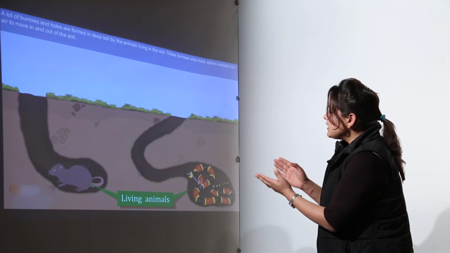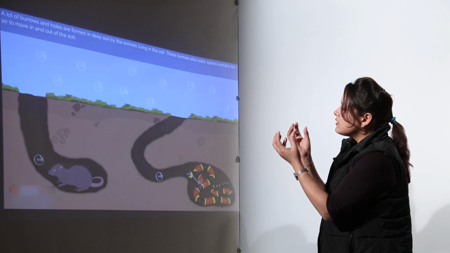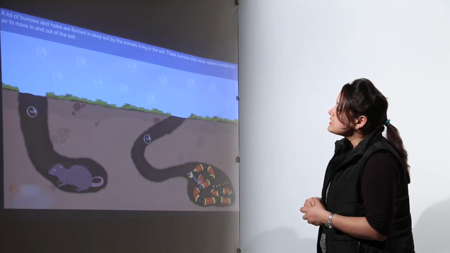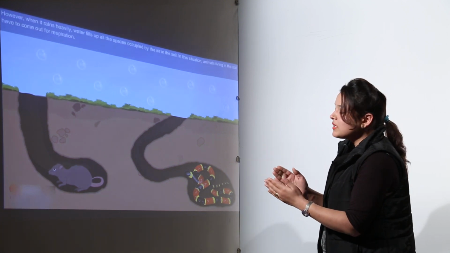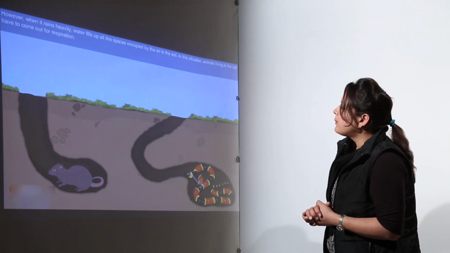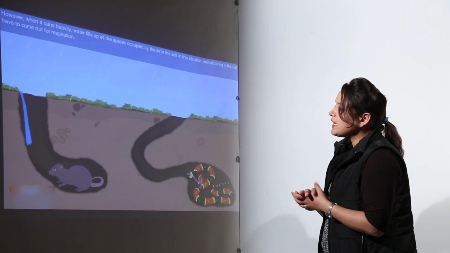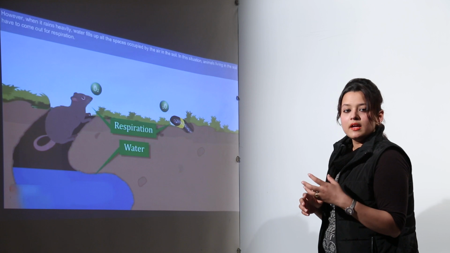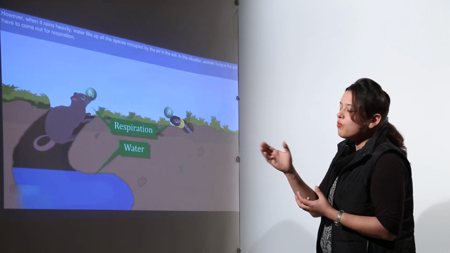Here you can see these living organisms living inside the burrows. The holes that they make for their homes inside the ground give them a supply of oxygen, or you can say a supply of air from the atmosphere. But during the rainy times, water gets into their burrows and the air that was present is replaced with water.